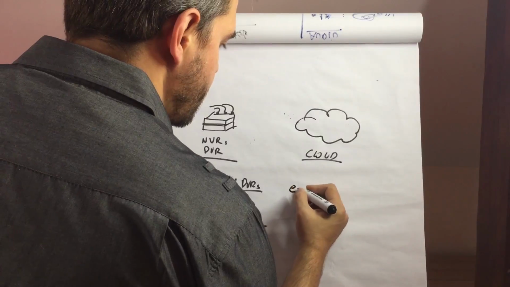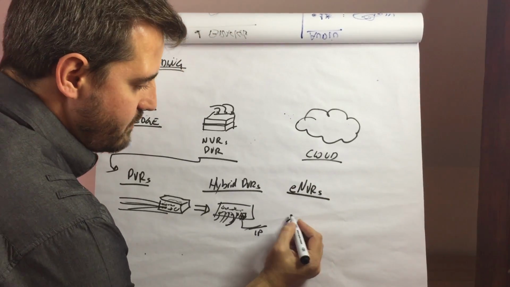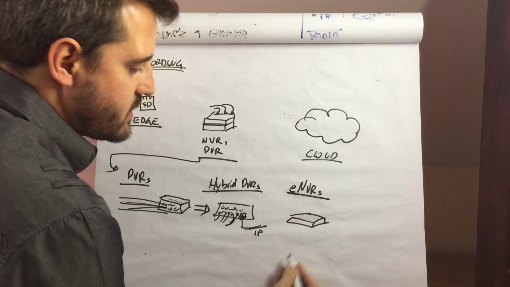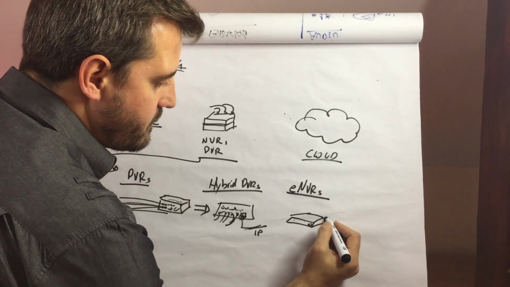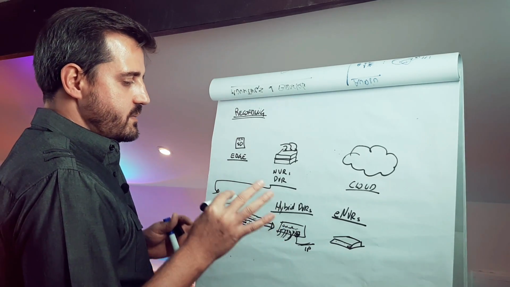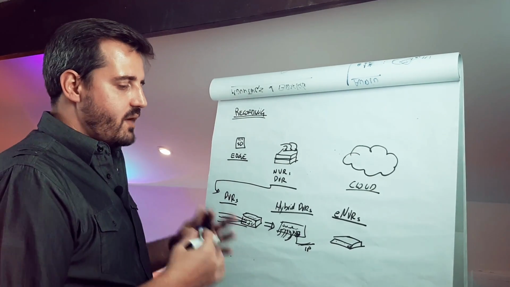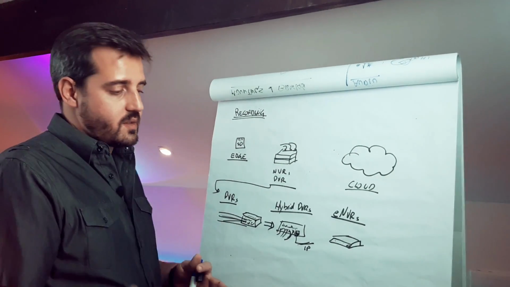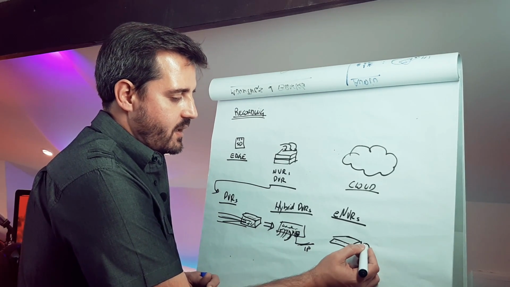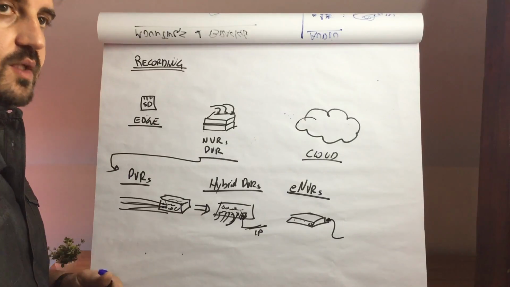Then we'll have the eNVRs. The embedded NVRs are basically boxes where you have the operating system, the firmware, the software that will do everything in the recording part and the other tasks as well, and they'll be able to get the IP camera data and record the video stream.